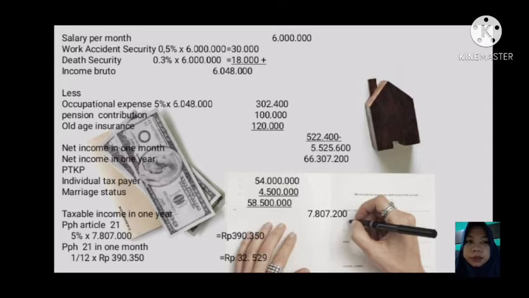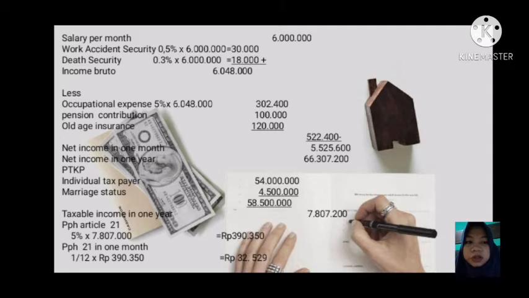The amount is mentioned in the question, 0.5% multiplied by 6 million, and for that security 0.3% multiplied by 6 million. After that, we total it with the salary, it gets 6,048,000. After this, we deduct the occupational expense, 5% multiplied by the amount that we got before.